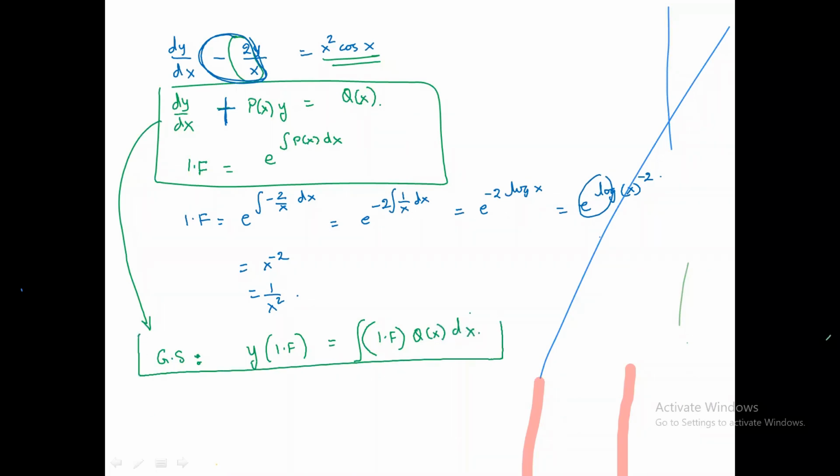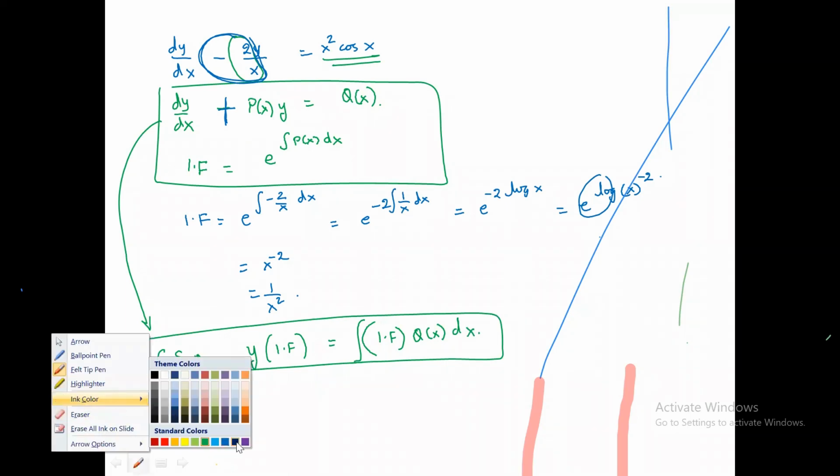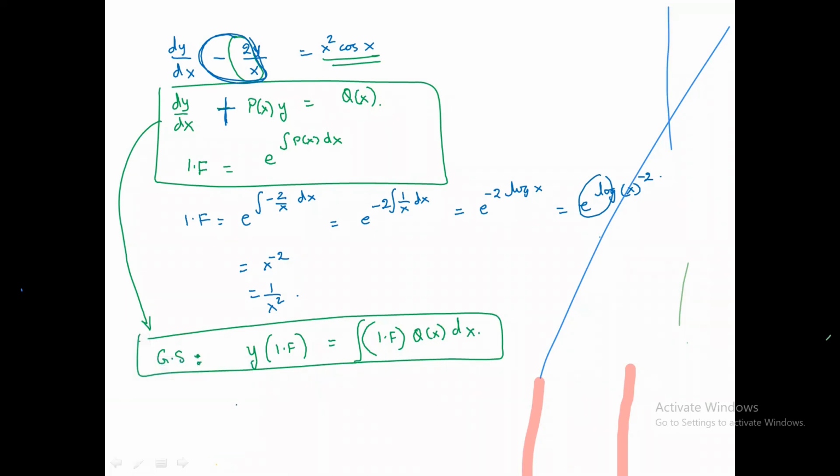This will help me in finding the general solution. So y times 1/x² equals the integral of 1/x² times x² cos x dx.